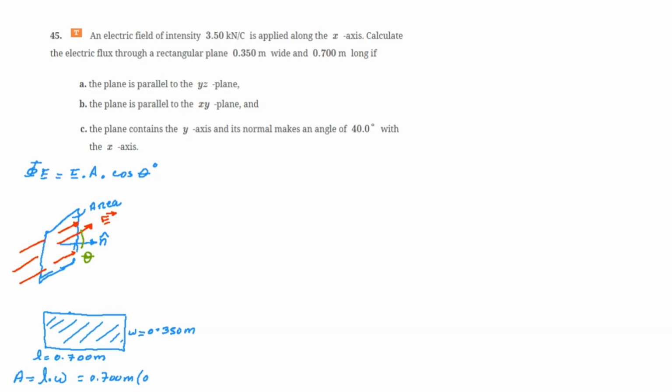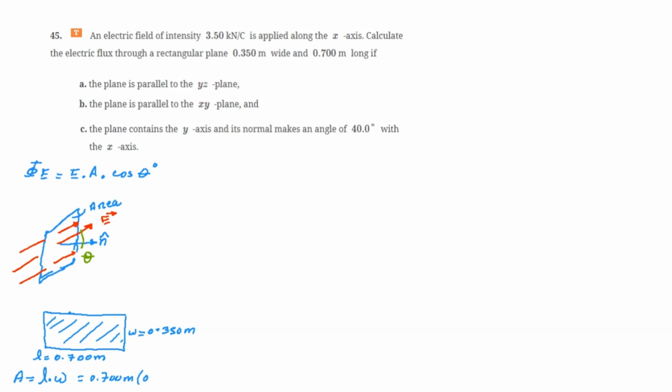Now remember that the angle we're talking about, let me show you something, is not the angle between the plane and the line. When the angle is different from 90 degrees, it's not this angle. This is the line, this is the plane. The angle is not this angle. It's the angle between this electric field line and the normal.